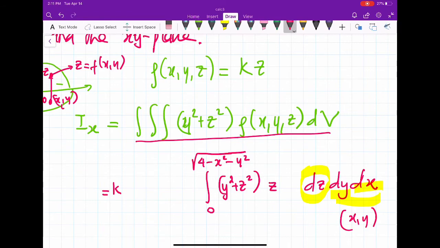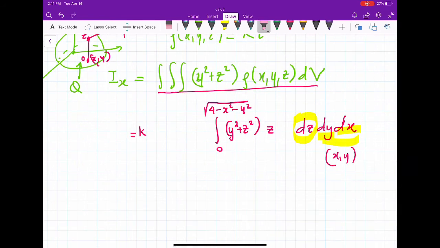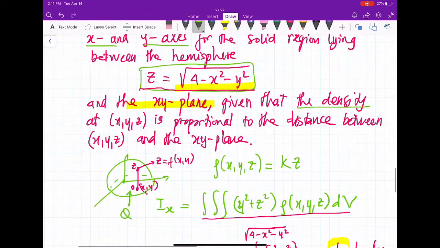After that, we move to the y. In order to find the interval of y, I need to graph the planar region in the xy plane. So look at this equation, z equal to square root of 4 minus x squared minus y squared. You put z equal to 0, you have the intersection between this surface and the xy plane.